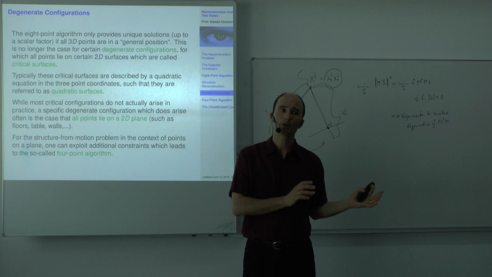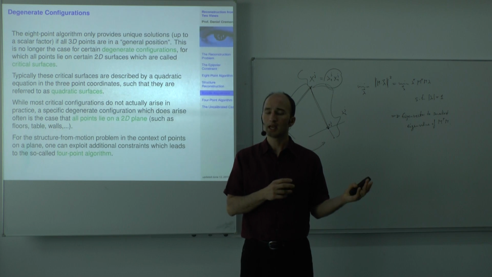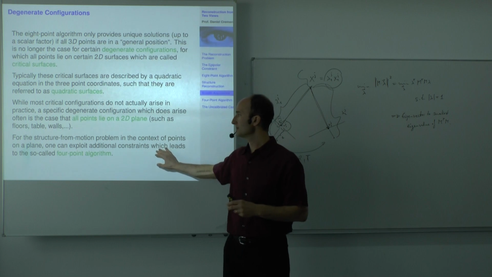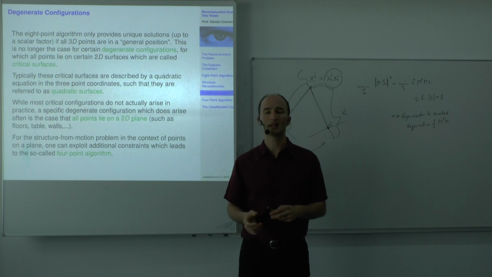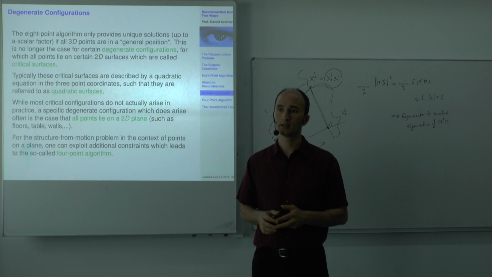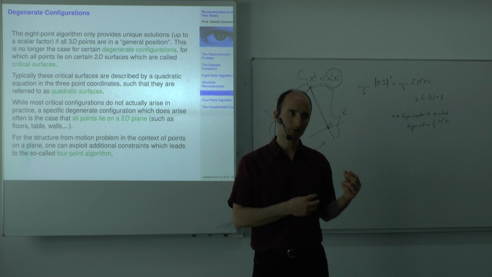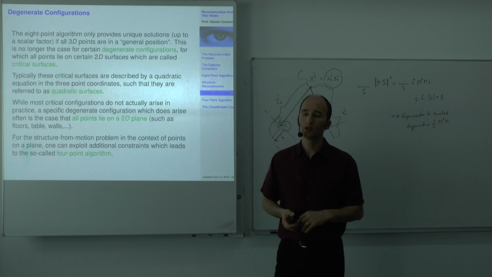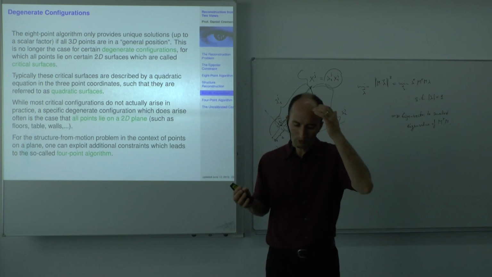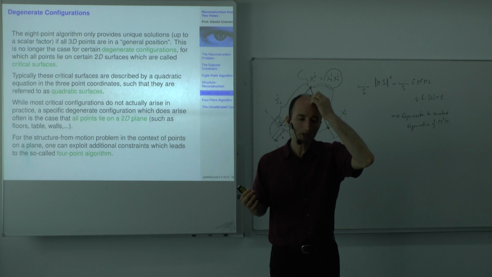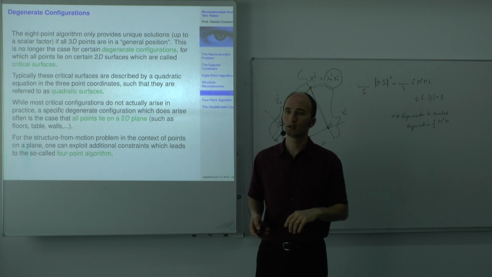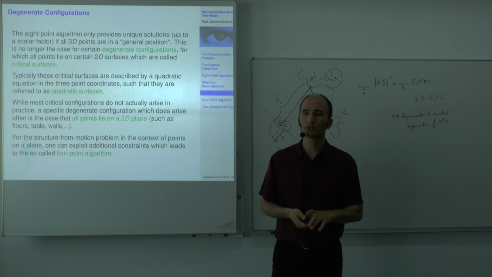In the 8-point algorithm we want 8 points and they should not lie on a plane. Here we want at least 4 points and they should lie on a plane. So the assumption is that all corresponding points I'm tracking are part of a plane. In some sense I insert the knowledge that the structure I'm looking at is planar. That's a very strong assumption.